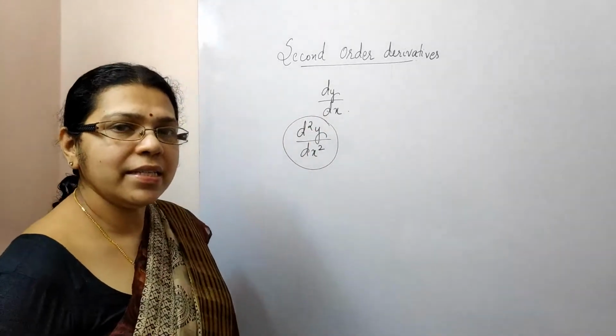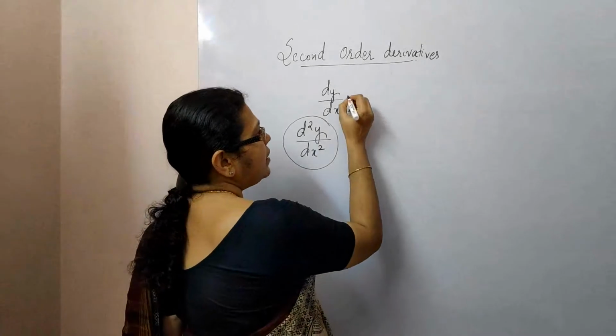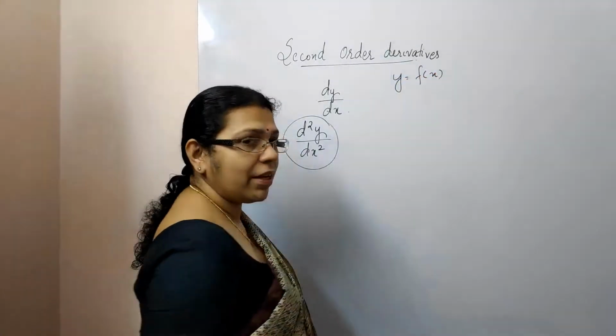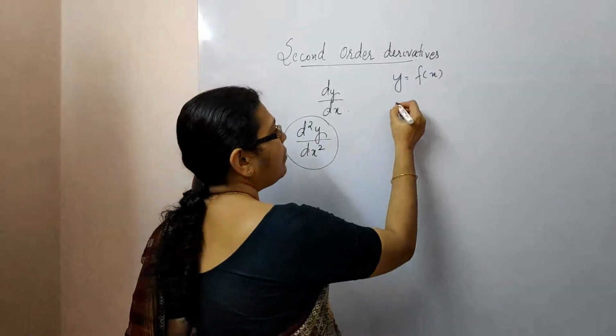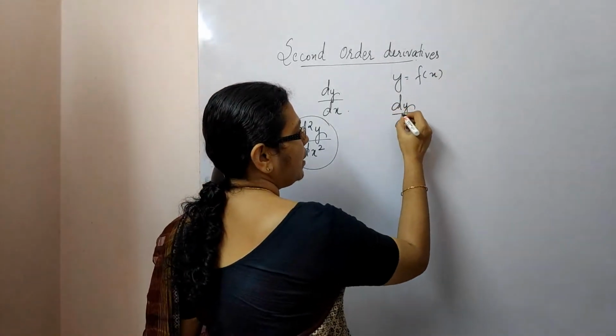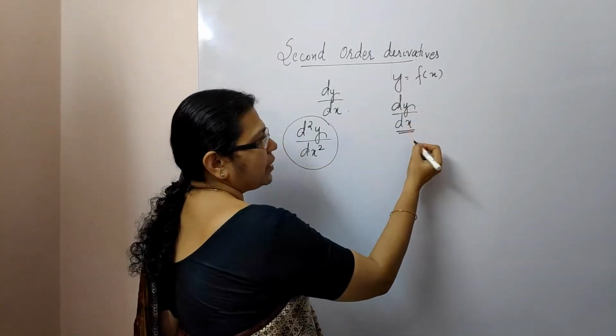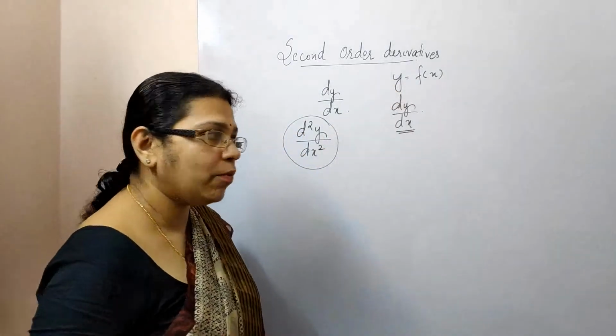How did we get the second order derivative? Y was a function of x, right? And we found dy by dx. Now this value that you get here, you will find the derivative once again.